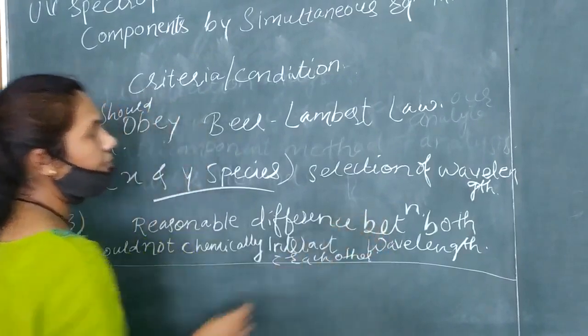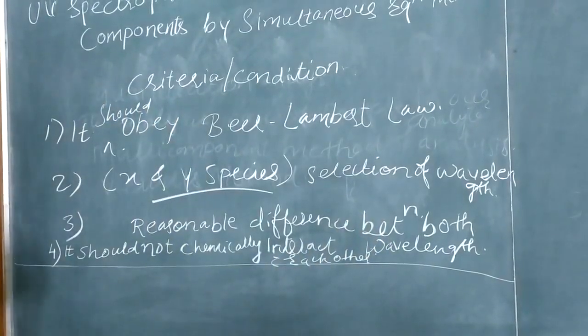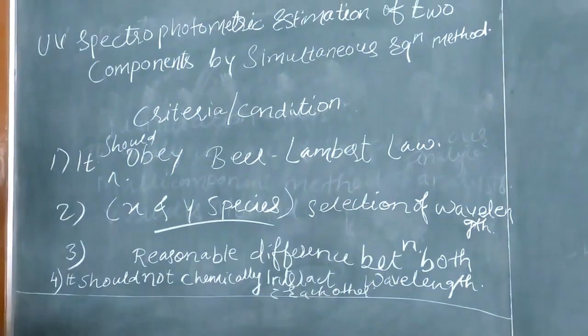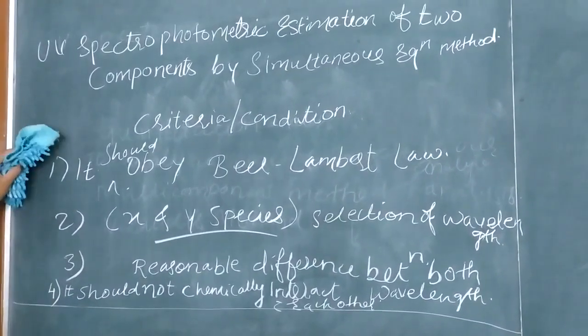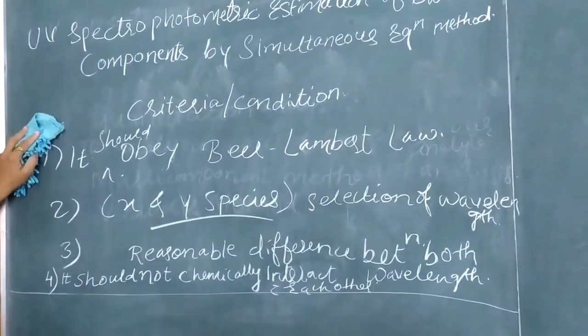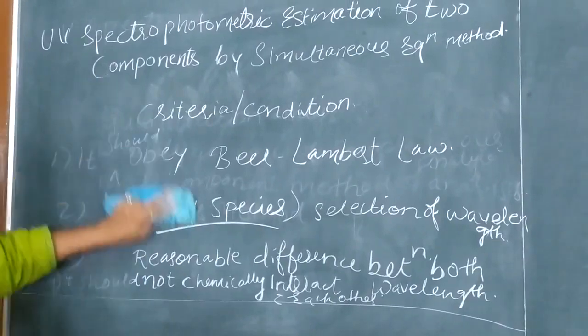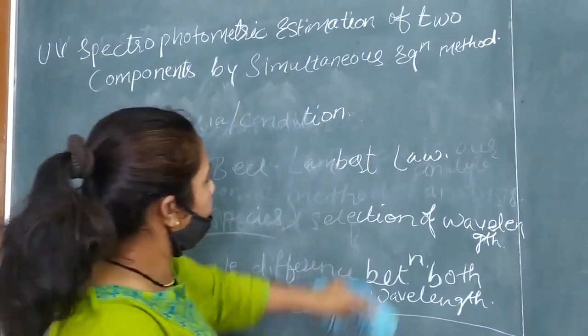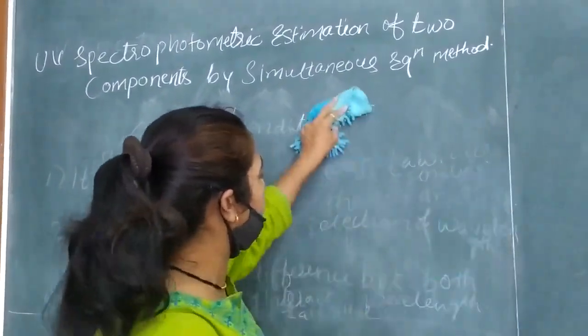Before starting the simultaneous equation method, these are some of the conditions which are required for the drugs. Now we will see the graphical representation of the simultaneous equation method.